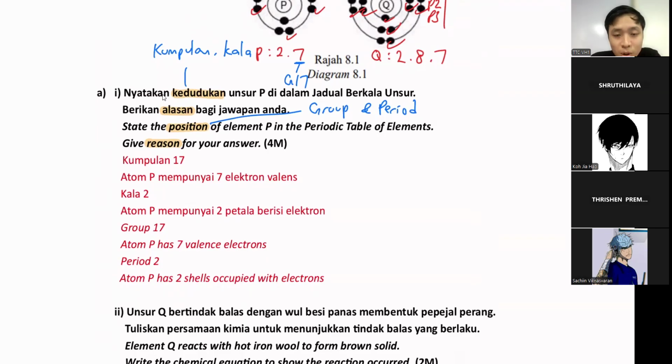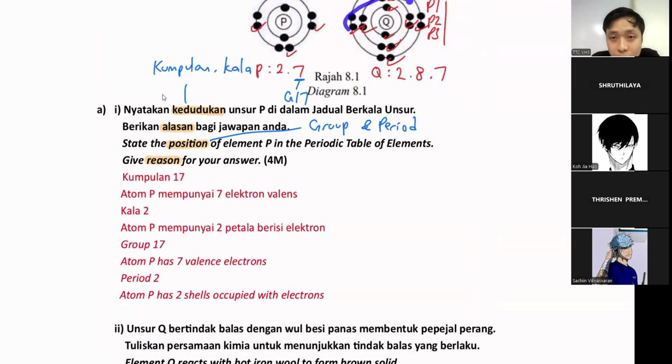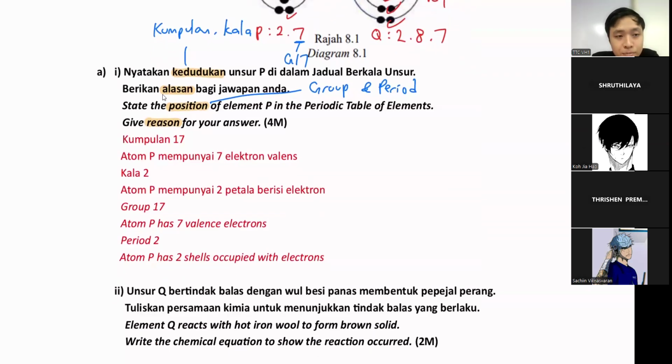Not only one shell, we have 2 shells in total. If they ask for Q, it is still group 17, but period 3 because you have 3 shells.